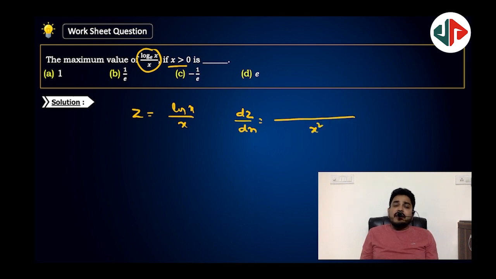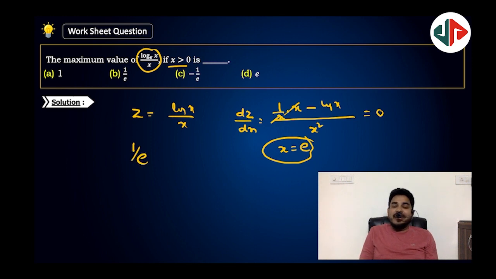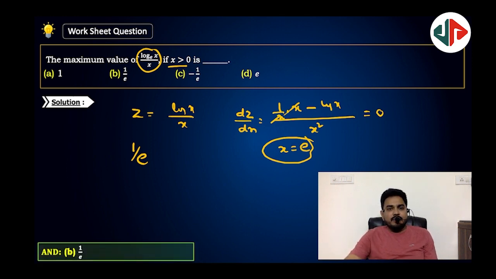So derivative of log x is 1 by x into denominator minus log x should be equal to 0. So at x is equal to e, you have this. So x is equal to e, what happened? 1 by e, because log e base e, 1 by e. Answer is 1 by e.